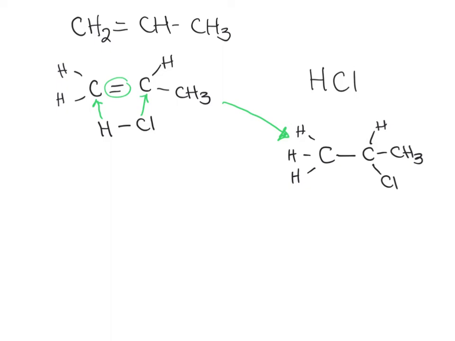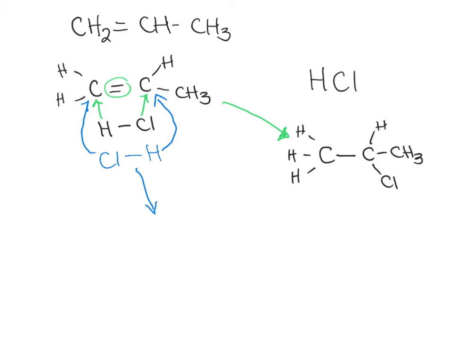So if I choose blue, I could instead have my hydrogen and my chlorine round the other way. So I could have my chlorine on this side and my hydrogen on this side. And instead of the hydrogen bonding onto this first carbon, I could have the chlorine atom bonding onto this first one and the hydrogen onto this second one. And this would produce this product.